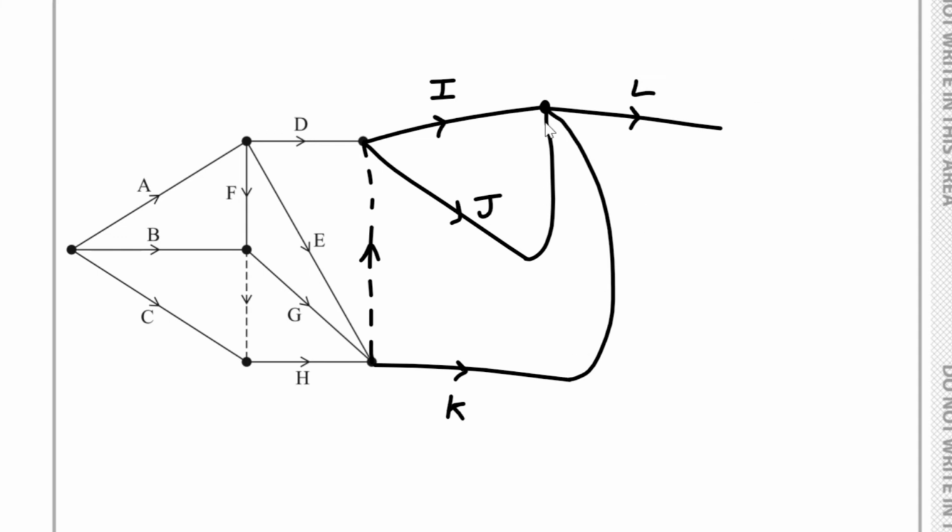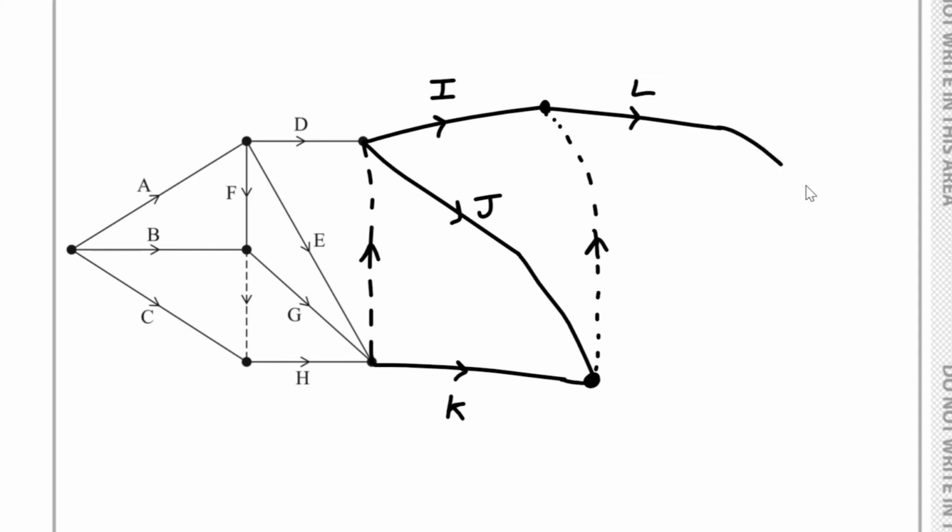So if I adapt my diagram, let's get rid of this. We know that L depends on K. Now if we have this situation where J and K finish here, we could have a dummy here, which would imply L depends on I, J and K finishing.